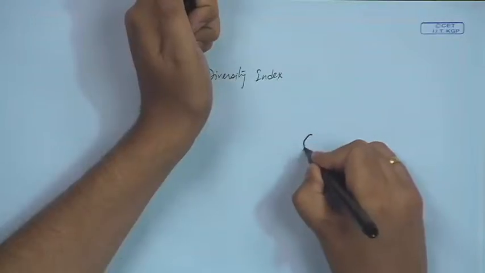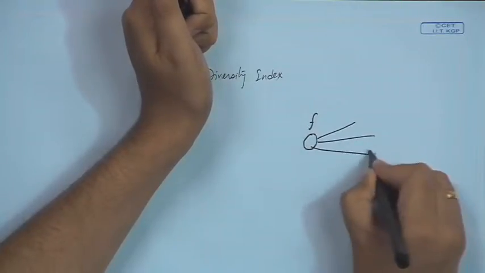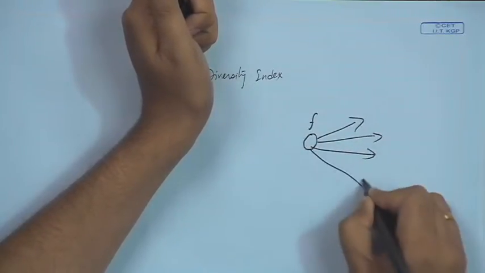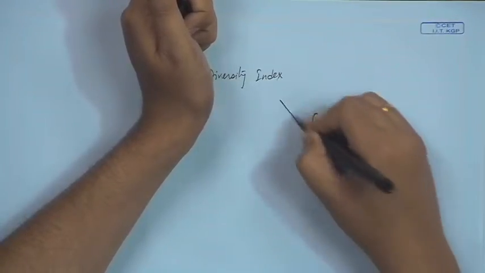Now, since we know that the citation network is a directed graph, references are like outgoing edges. So, we are assuming that there is a field F and there are outgoing edges like this, which we were dividing into proportions.